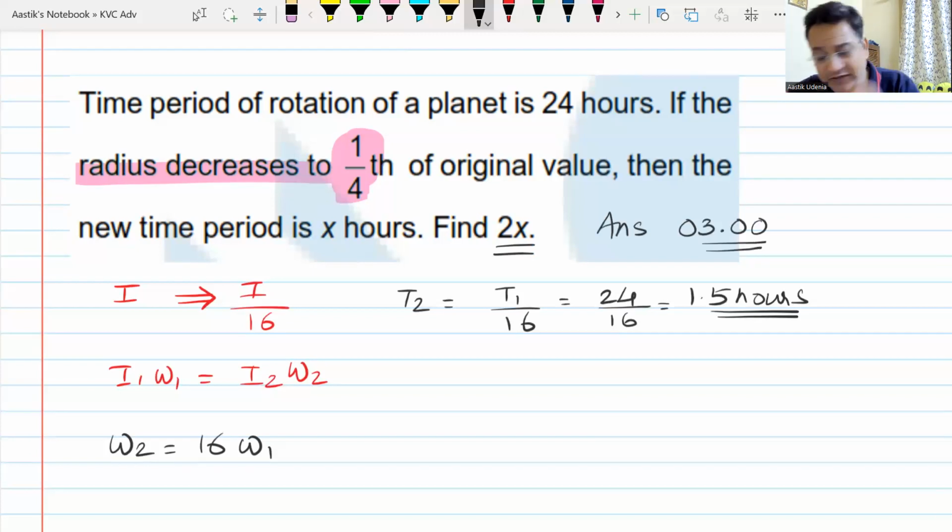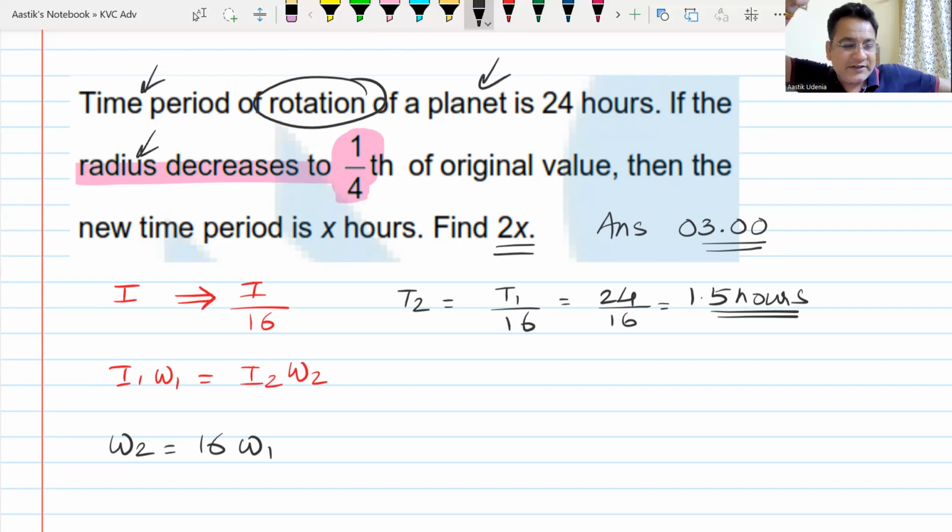I told you when I gave you the question also, this planet is rotating, not revolving. Rotating, not revolving. Please understand the question first. Because as soon as you see time period, you see planet and you see radius, you think T square is directly proportional to r cube. That is not what you had to do here. You had to do the one spinning on its axis. So remember this.